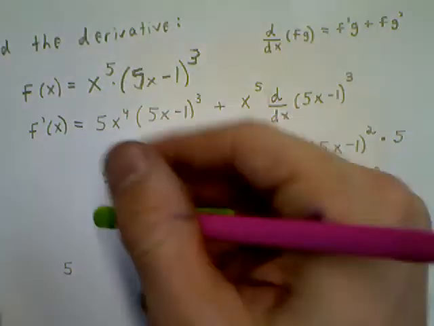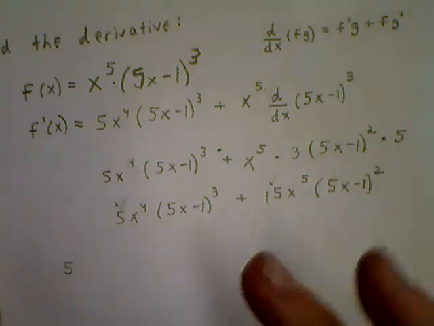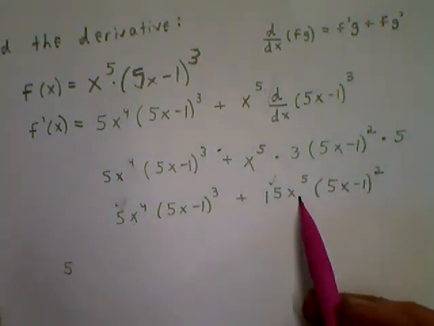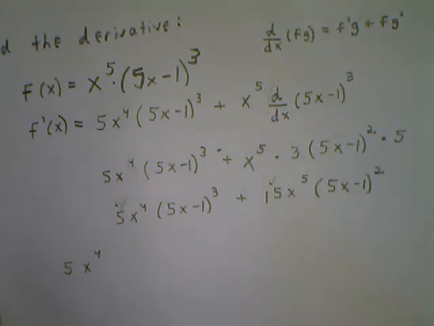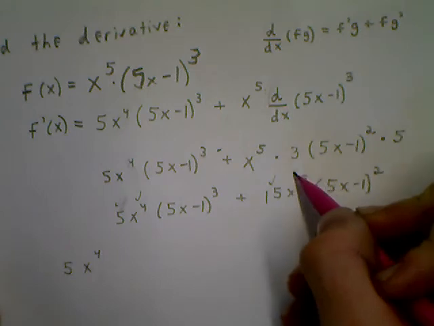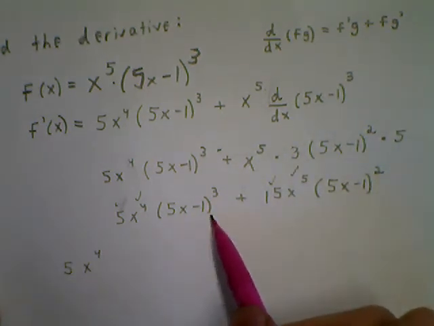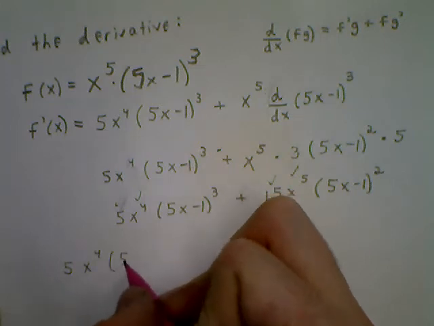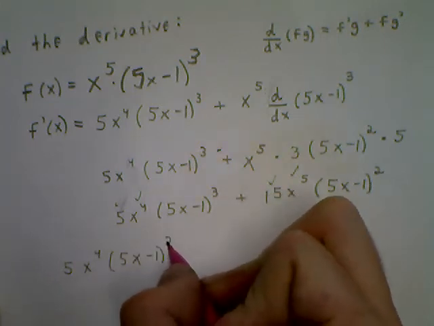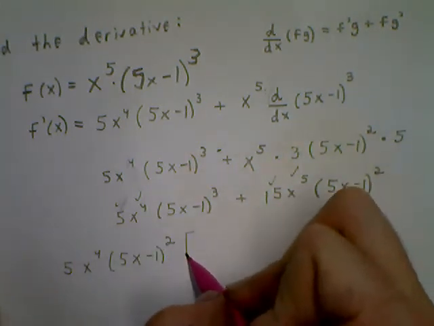We'll check mark there. Now I'm going to look between x to the fourth and x to the fifth. The greatest common factor is x to the fourth. All right, check these off. Now I'm going to look between 5x minus 1 cubed and 5x minus 1 squared. Our GCF is 5x minus 1 squared, the lower exponent.